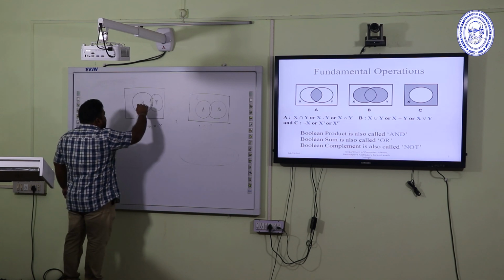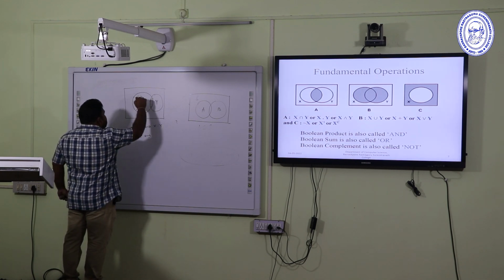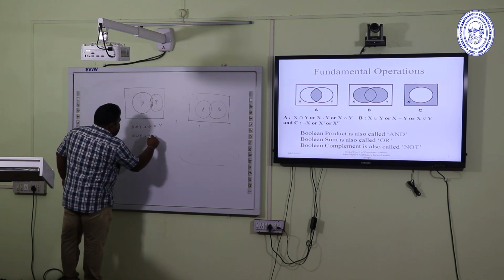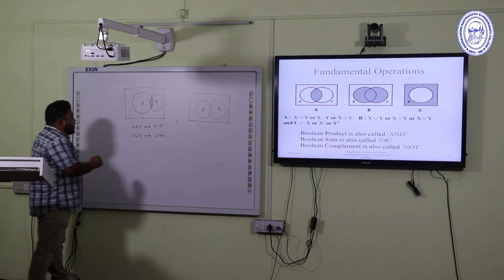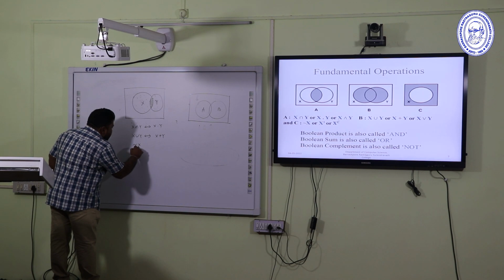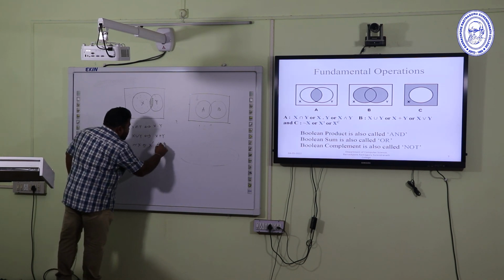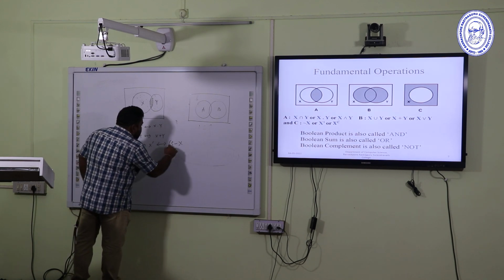And if we take the x union y, that covers the entire set, that is x plus y. Another is the complement of x or x prime, that is the universal set minus this particular set.